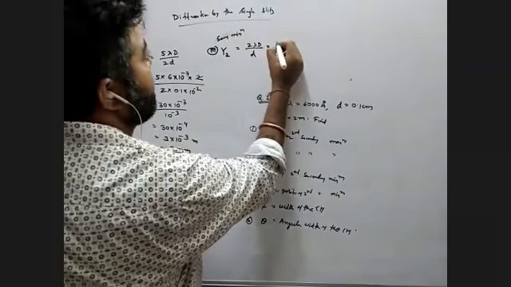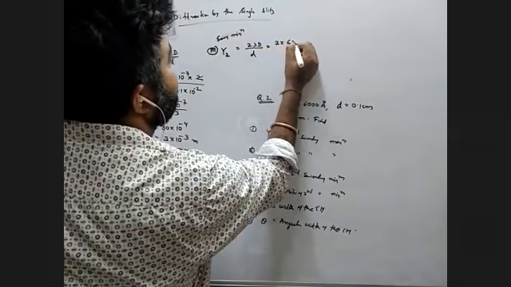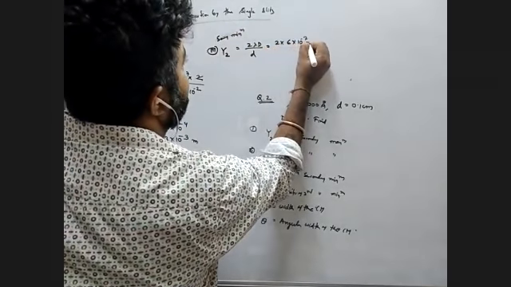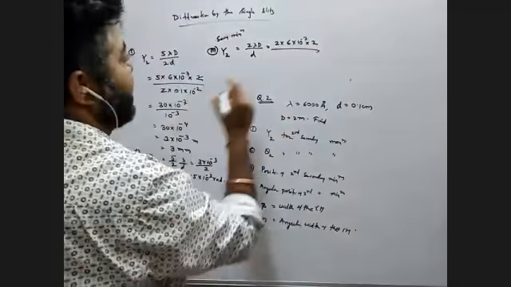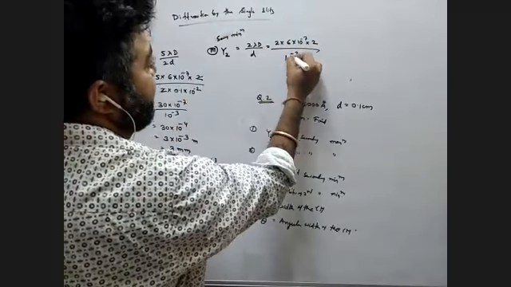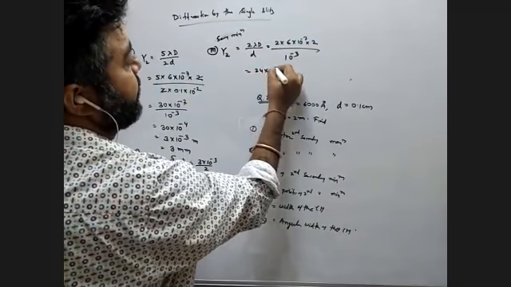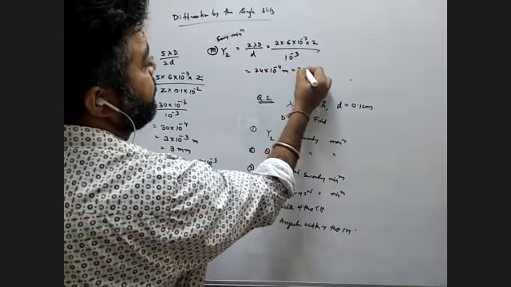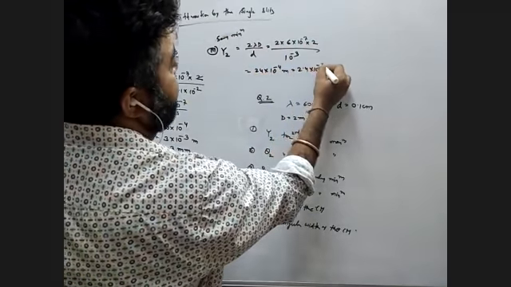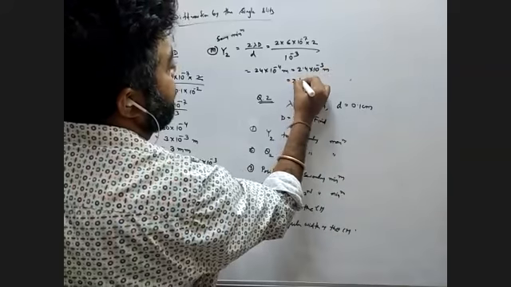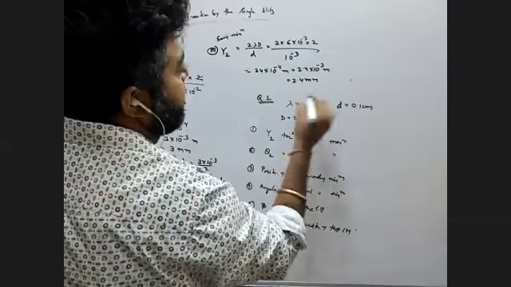So what we can write, 2 into 6 into 10 to the power minus 7 into 2, by we can write directly 10 to the power minus 3. So 6 2s are 12, 12 2s are 24. 24 into 10 to the power minus 4 meter, 2.4 into 10 to the power minus 3 meter, 2.4 millimeter.